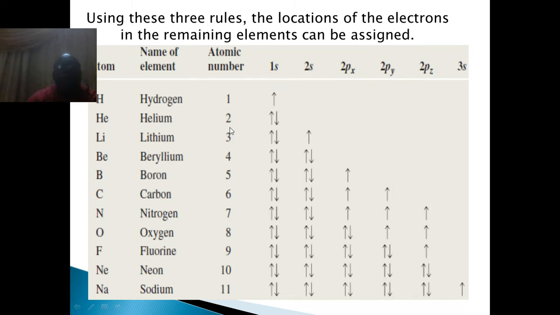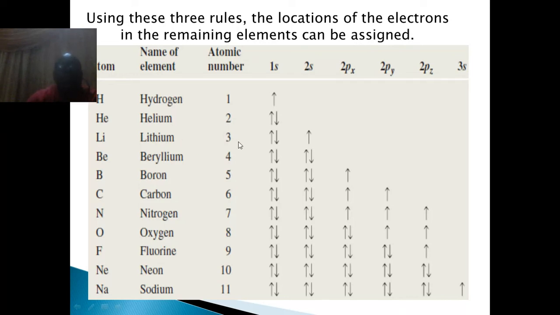For helium, the atomic number is 2. The 2 electrons occupy the 1s orbital. So if you want to write the electron configuration for hydrogen, for example, we say 1s superscript 1. For helium, we say 1s superscript 2.